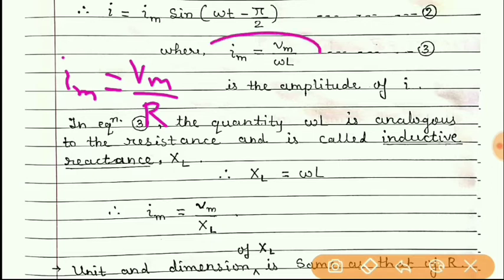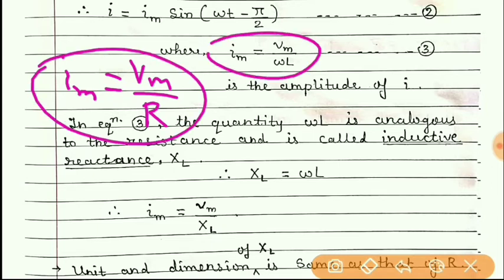So here you can compare these two equations. Whatever the function is of the resistor in a resistive circuit, the same function is of omega L in an inductive circuit. So the work of omega L is also to oppose the current, because even a resistor opposes the current.